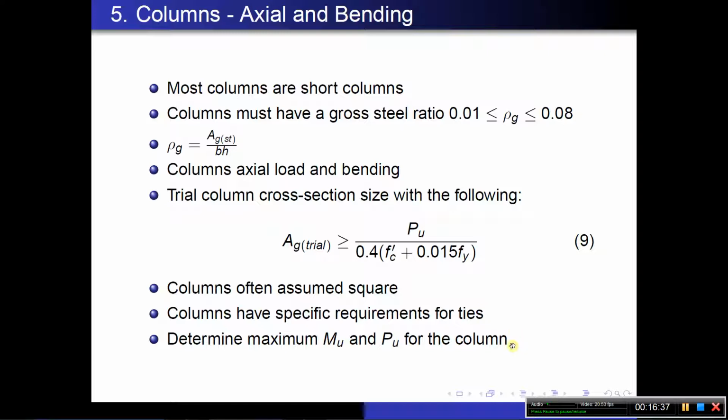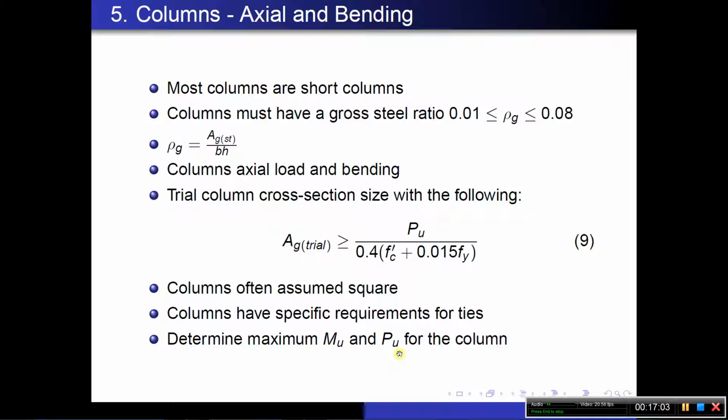Now before we finish this slide, I want you to imagine you're going to design a column, and of course at some point you're going to need to calculate the maximum M sub u in the column and the maximum P sub u that is acting on the column. Those two factored loads are going to come from the same load combination.